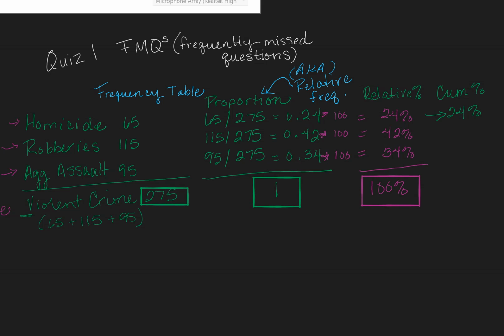That should give you a hint: we're adding the cumulative percentage of robberies and homicide. To get that number, you add the 42% to the 24%, and you get 66%. So 66% of this violent crime is homicide and robberies. And this final number will be 100%, because the 275 violent crimes consist of homicide, robbery, and aggravated assault. Hope this helps.